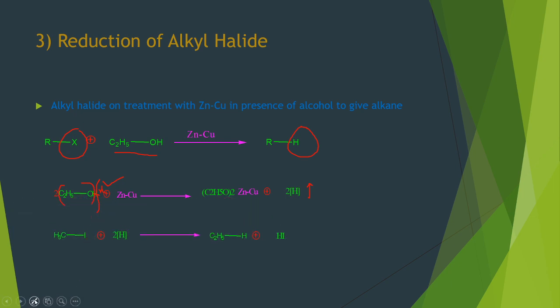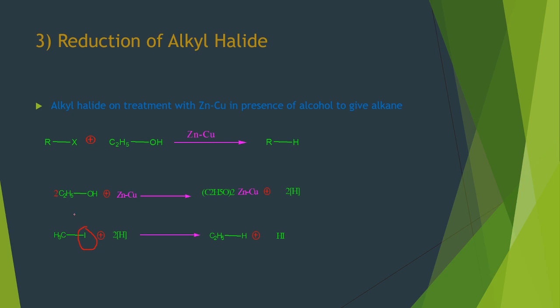See the example. In methyl iodide, we have to replace this iodine by the hydrogen atom. So there are two hydrogen atoms here. One of the hydrogen atoms will attach to the carbon atom, and one hydrogen atom will react with the iodine atom.